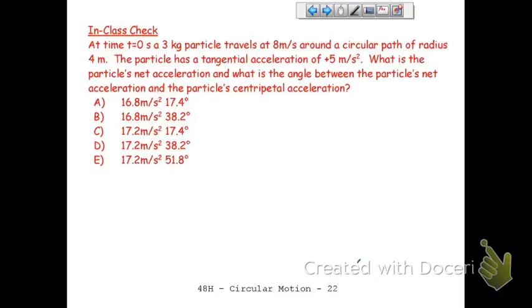Let's do an example of that. At time t equals 0, a 3 kilogram particle travels at 8 meters per second around a circular path of radius 4 meters.